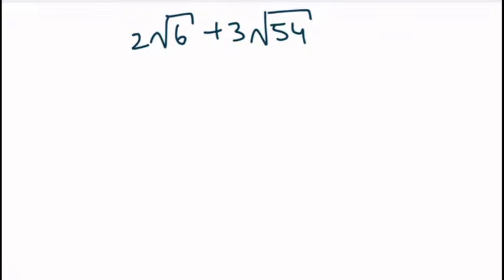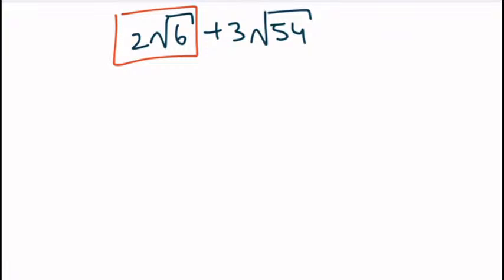Okay. Now our next problem is going to be 2 radical 6 plus 3 radical 54. Even though 6 is not a prime number and it can actually be factorized into 2 times 3, 2 and 3 are prime, therefore this term is at its simplest form.